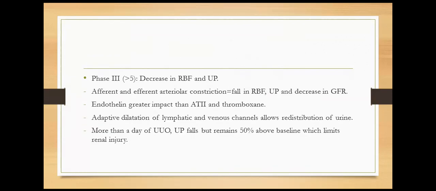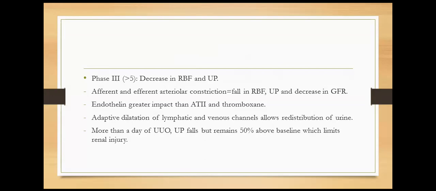In phase 3, you then get a decrease in renal blood flow, decrease in ureteric pressures, and as I've said, afferent arteriolar constriction will give you that result, and then the decrease in GFR. Endothelin is said to be the key vasoconstrictor, but angiotensin 2 and thromboxane as well.